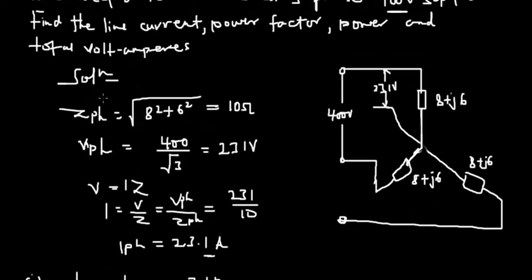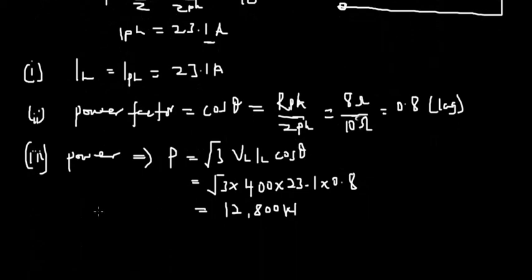We have to find the total volt ampere. So it means that we are multiplying a certain voltage by the current, but in a formula pattern.